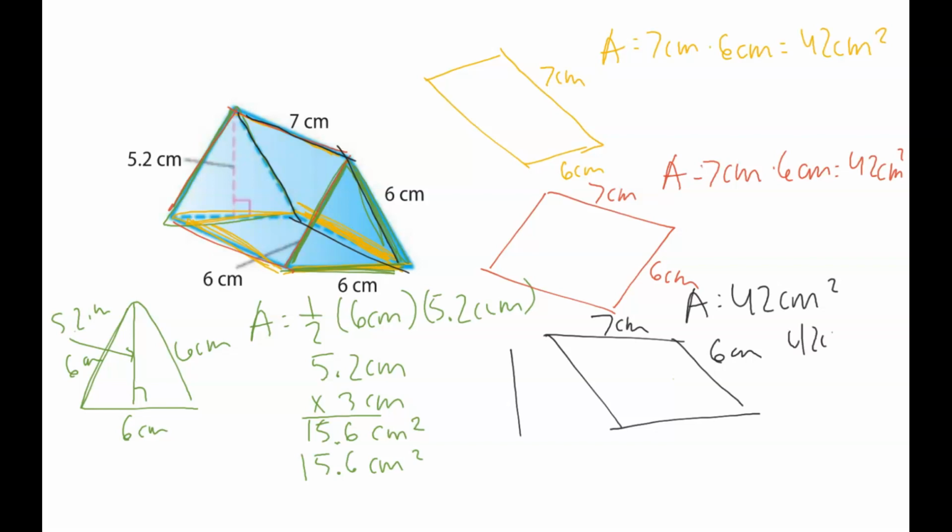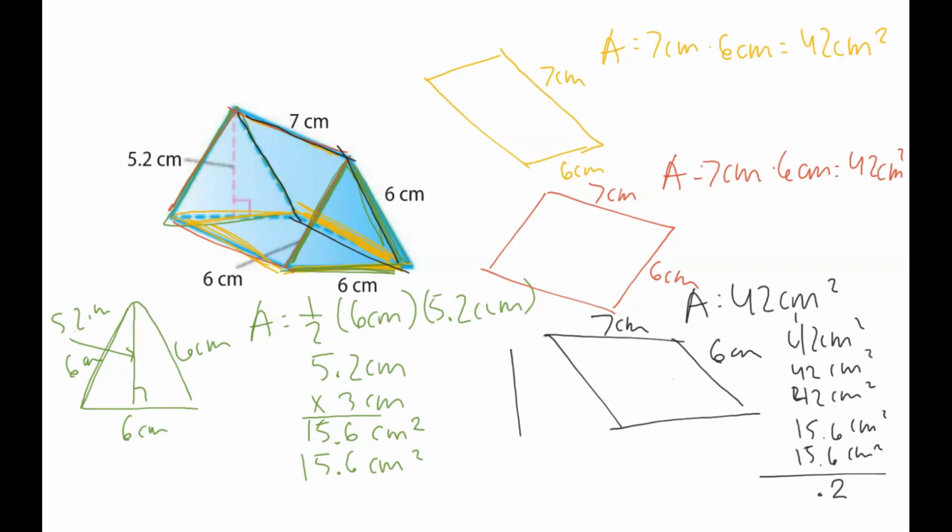So when I find the surface area, I have 42 plus 42 plus 42 centimeters squared plus 15.6 plus 15.6 centimeters squared. I have to line those up. 6 plus 6 is 12, right?